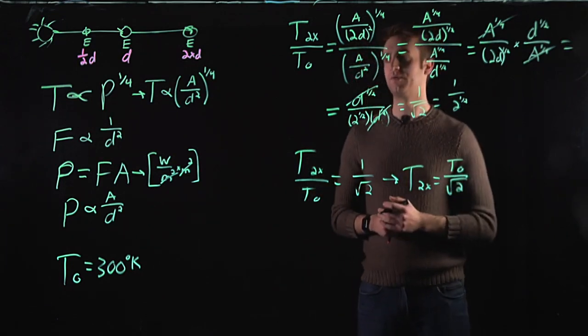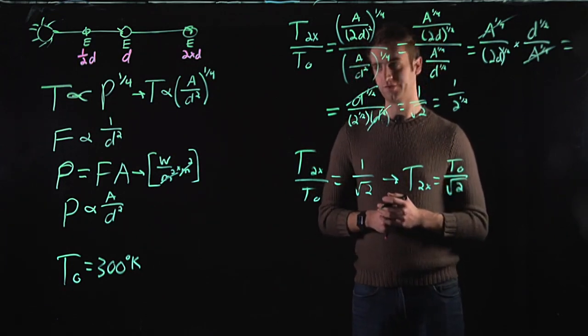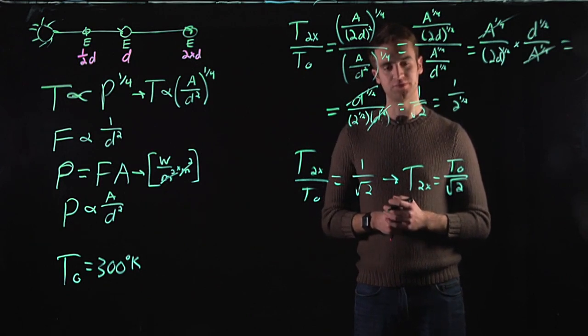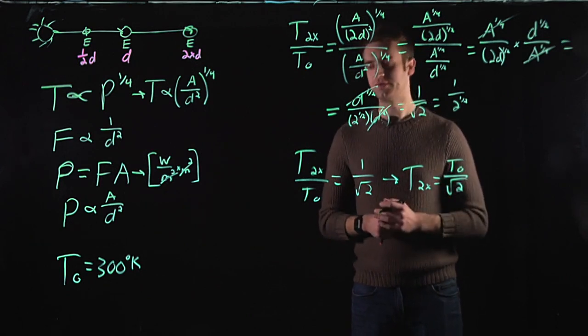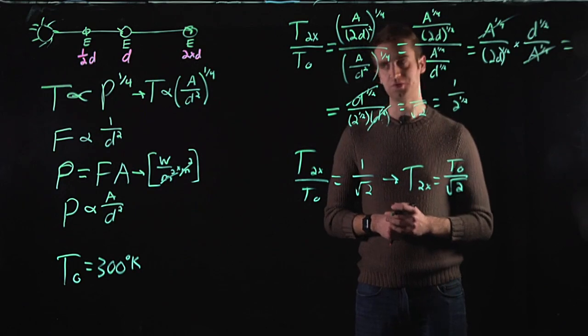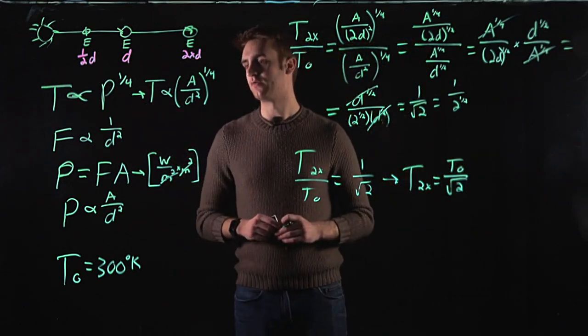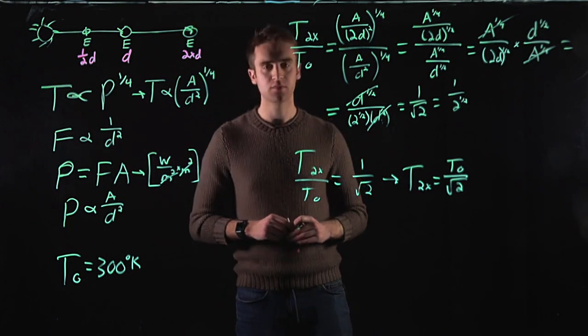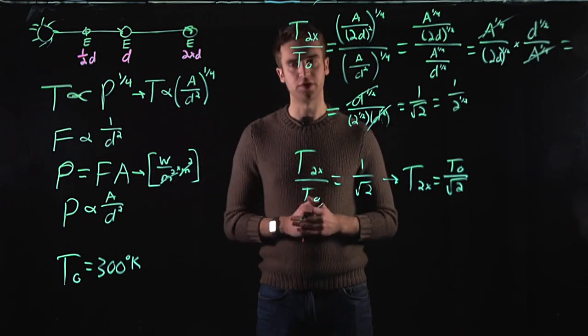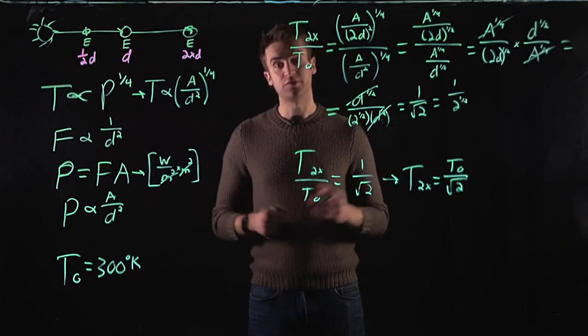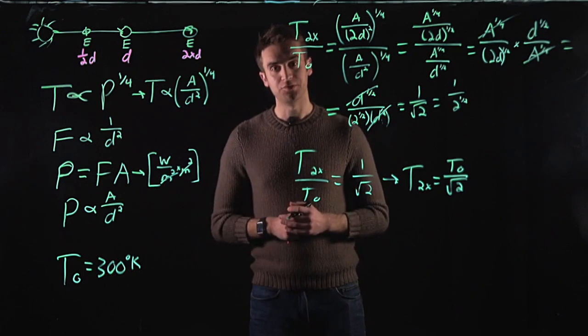That is how the surface temperature of the Earth changes with respect to radial distance. I'll leave it to you to plug in the numbers and compute this value, as well as set up the similar equation for 1/2 d and plug in and solve the value. So that's it for this problem, and I will see you next time.